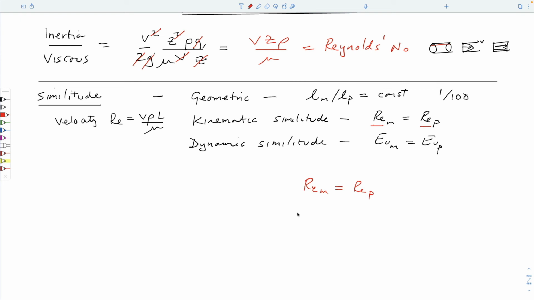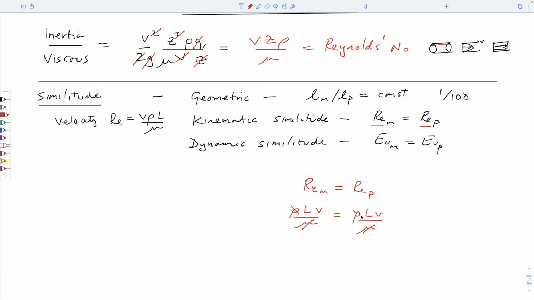So I don't know what those would be, but it would be density, length, velocity over viscosity. And so for each of these, it would be density, length, velocity over viscosity. So if you're doing it in the wind tunnel in air, and the plane flies in air, then this and this would be the same.